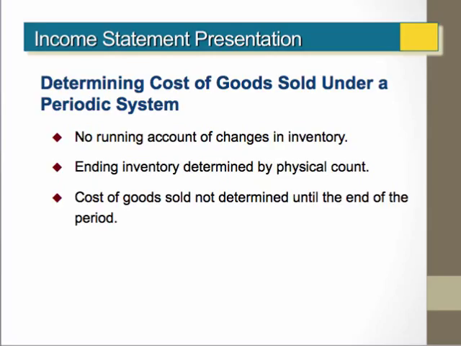We showed you that formula in an earlier video: take your beginning inventory plus your net purchases, which are the purchases minus the returns and allowances minus the discounts, to give us goods available for sale. Then we go out at the end of the period and count what inventory is remaining and value that inventory. Subtract that value from your goods available to give us cost of goods sold. We do that at the end of the period because that's the best time to consistently apply that formula.